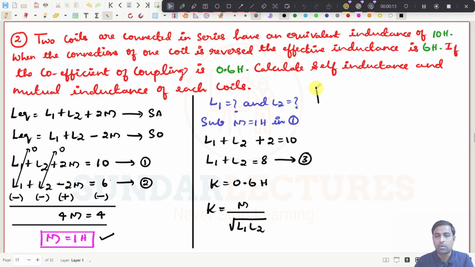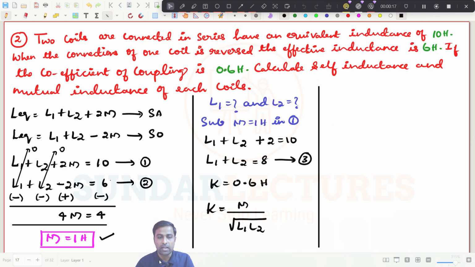Try to understand one thing here. I know the value of K and I know the value of M. K is given, and M I have already found. So you just square both sides. What you will get is K squared equal to M squared divided by L1 into L2, right?